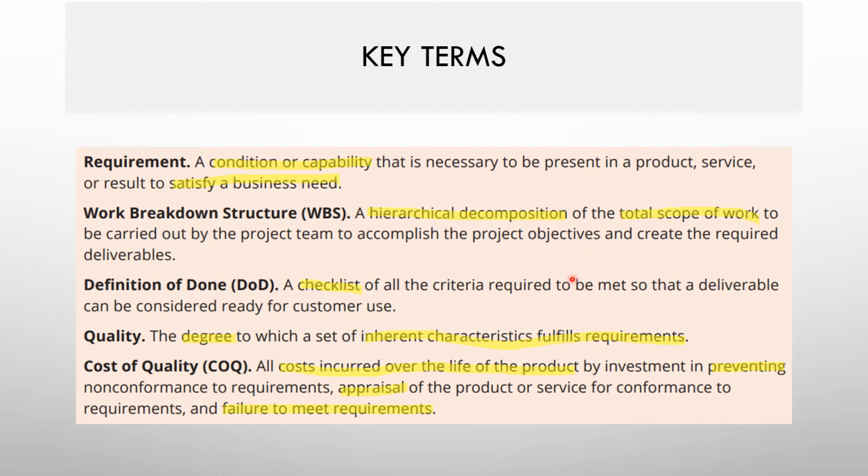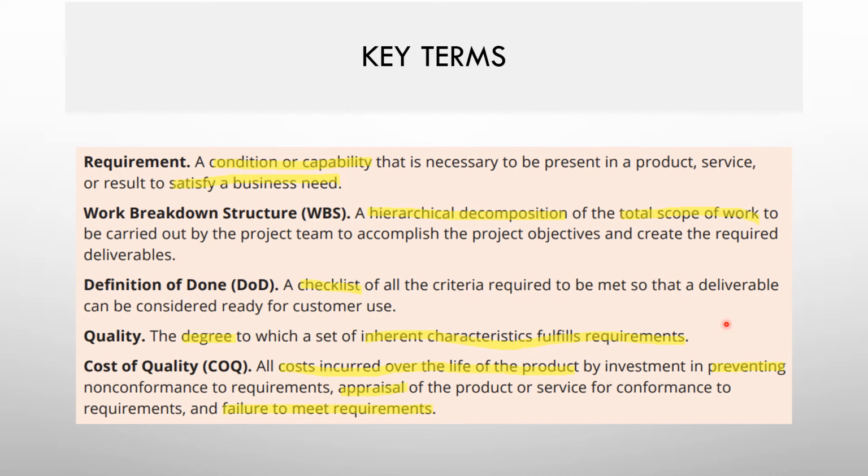What is the definition of done? Definition of done is a checklist of all the criteria required to be met so that the deliverable can be considered ready for customer use. Right? It's a list of activities you need to ensure that the product or the requirement is being accepted or getting done. What is quality?